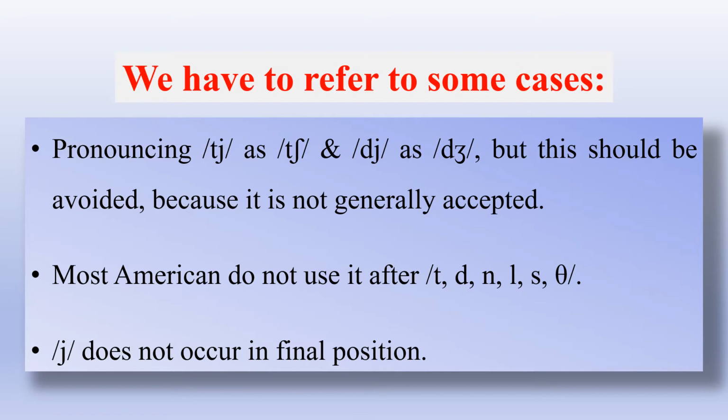And also some or most of the RP speakers don't use ye after le, se, the. And we have some examples for le, for example, "loo": they don't say "absolyoot", they say "absoloot", "absolutely".